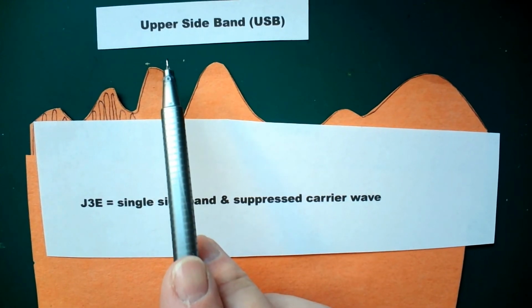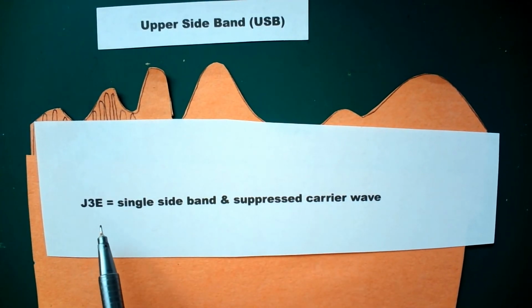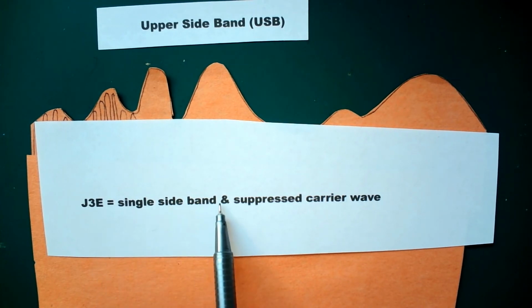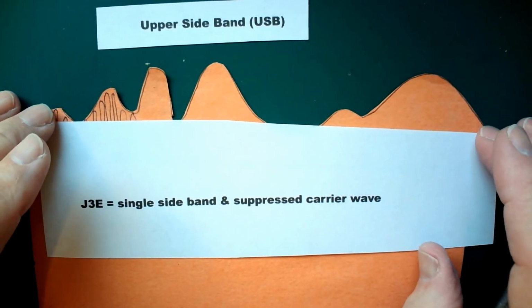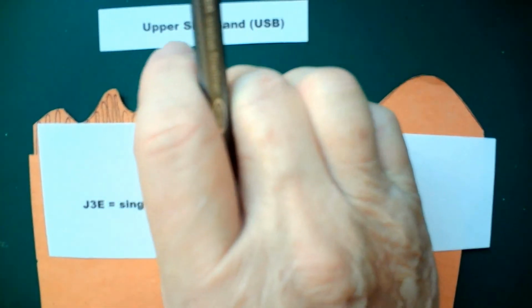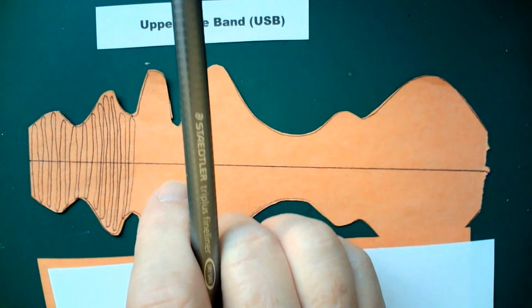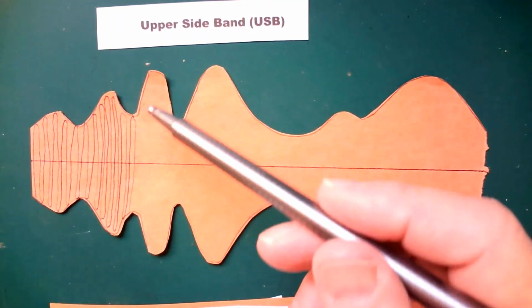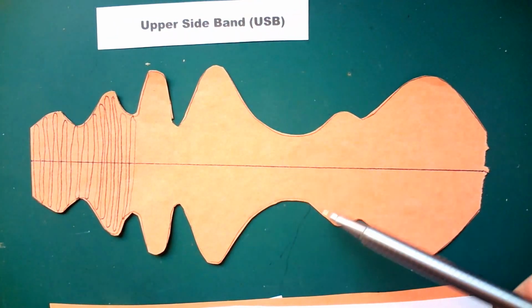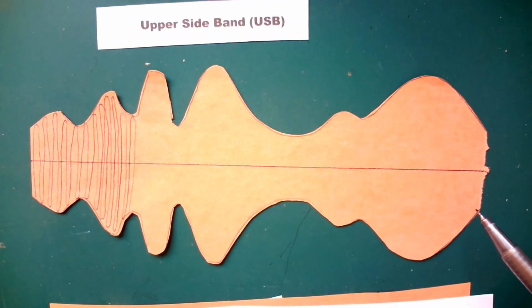So single sideband, whether it's upper or lower sideband transmissions, known as J3E, is a single sideband and suppressed carrier wave. That's much more efficient. You can concentrate nearly 4 times as much power just into the signal that you want to send, rather than sending a duplication, both sidebands, as you would do in an amplitude modulated signal.